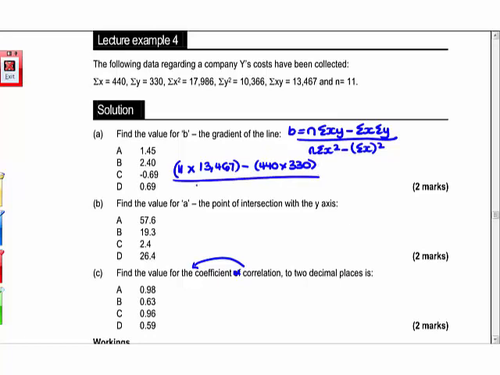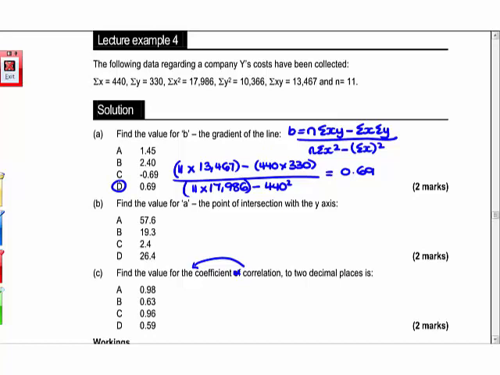Divide that by n times the total of the x squared column, 17,986, minus the total of the x column squared, so 440 squared. So that equals 0.69, and that's going to be answer D. Make sure you don't pick answer C because that has a minus in front of it.